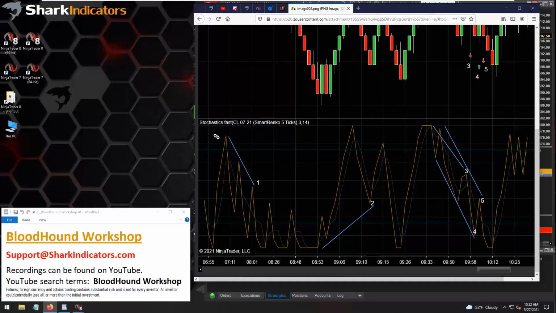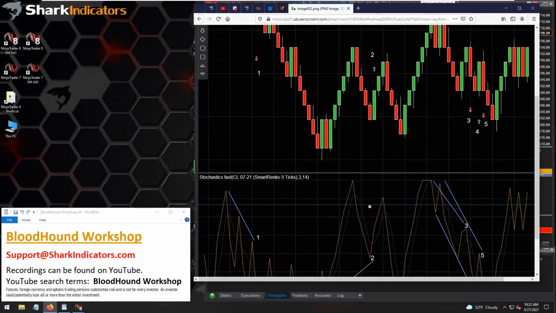When we get to the third swing point, the third high or low point, we want to generate a signal in the direction of the points moving.